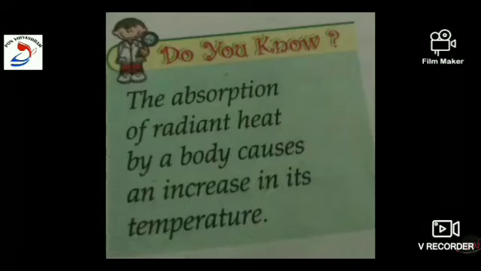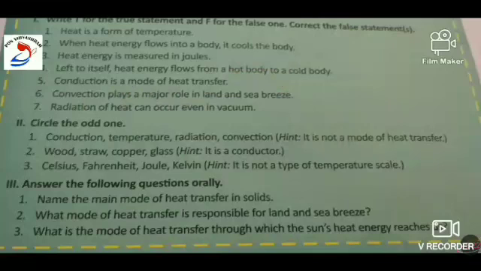So, about conduction, convection and radiation we had discussed. And about the three modes of heat transfer being possible in the Thermos Flask, that also we discussed. So the keywords which I had given there, you are supposed to make a note of it.